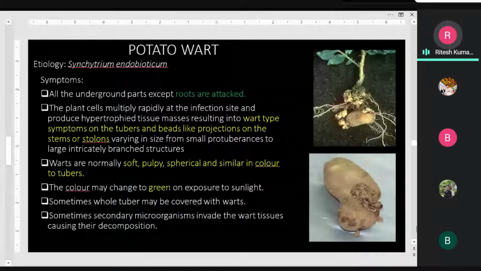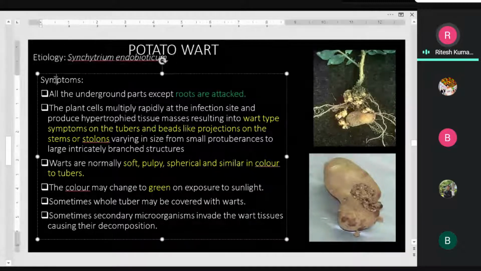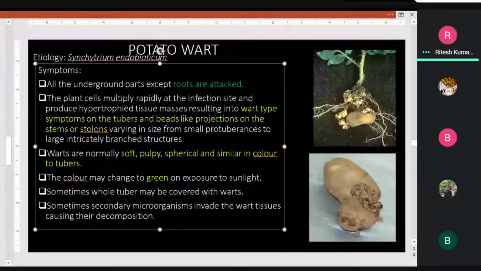So this is caused by Synchytrium endobioticum. In Nepali, this is called aijeru. This can be seen in the eastern hilly growing regions. In this case, generally, except roots, all underground parts are attacked, and above ground, generally, no such symptoms are seen.